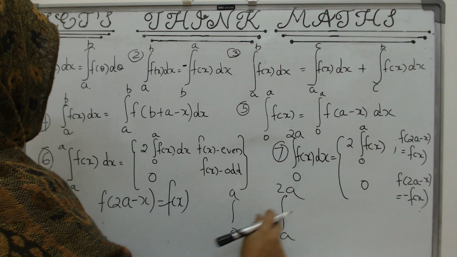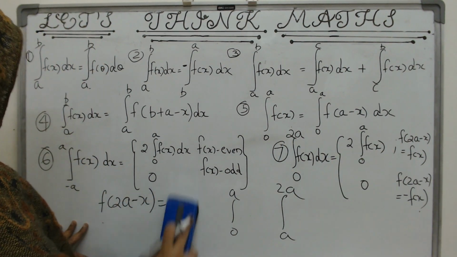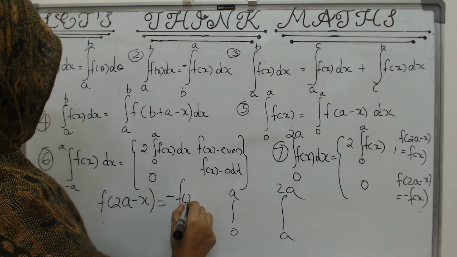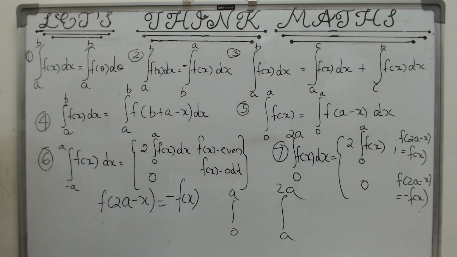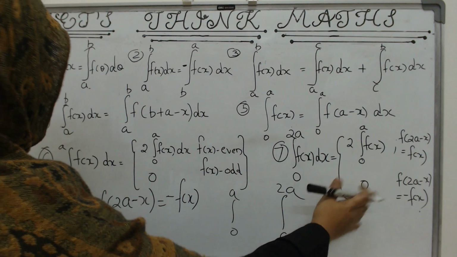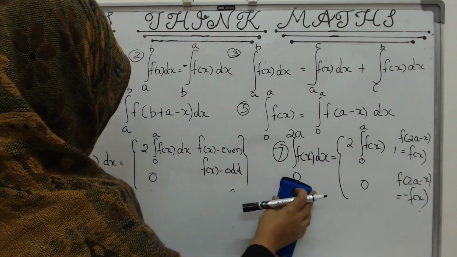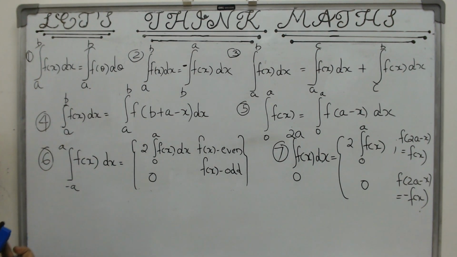So the whole thing ends up to 2 times this. But if f of 2A minus x is equal to minus of f of x, then these two integrals will have the same magnitude but different signs, which ends up in them getting cancelled. So you don't have to worry much about it. We are not dealing with the proofs here. We are just going to apply them in questions.